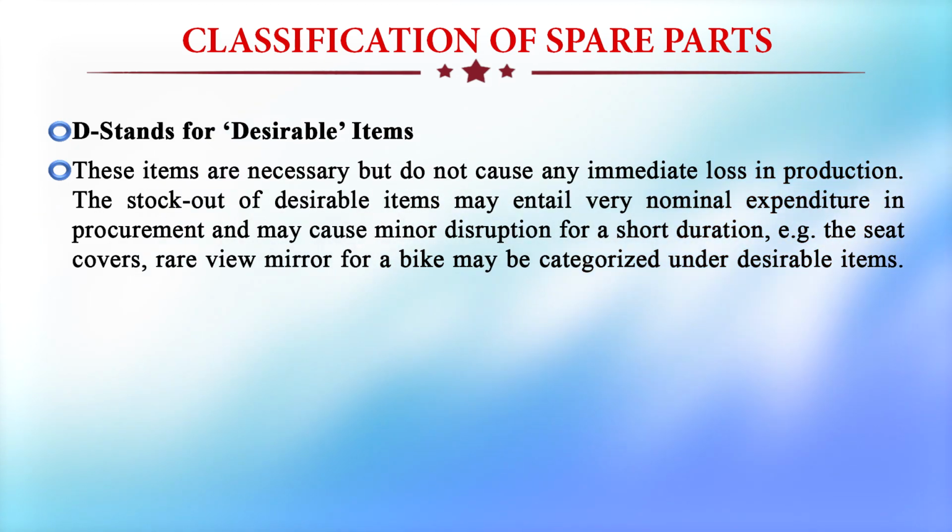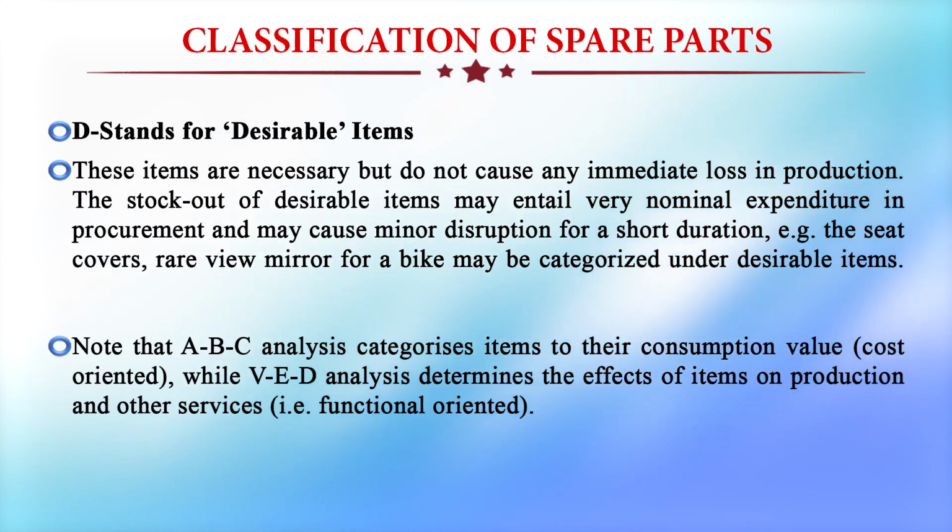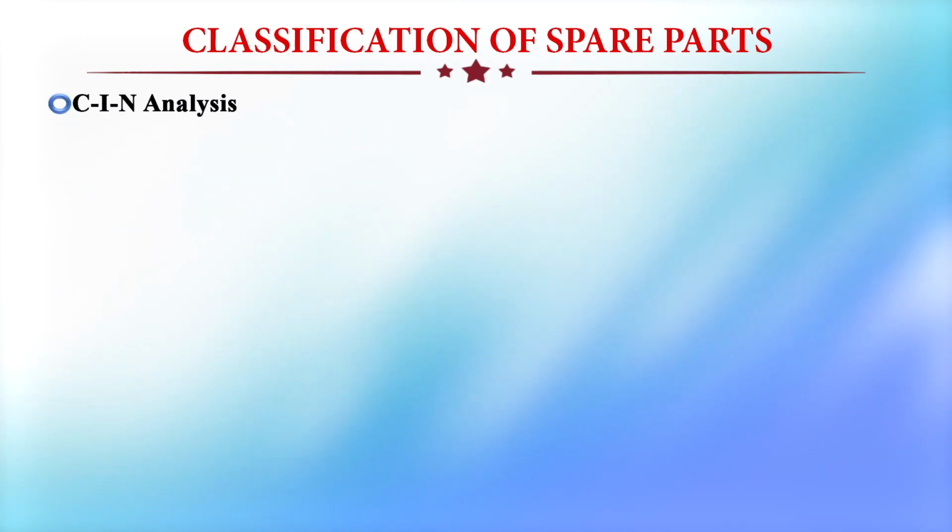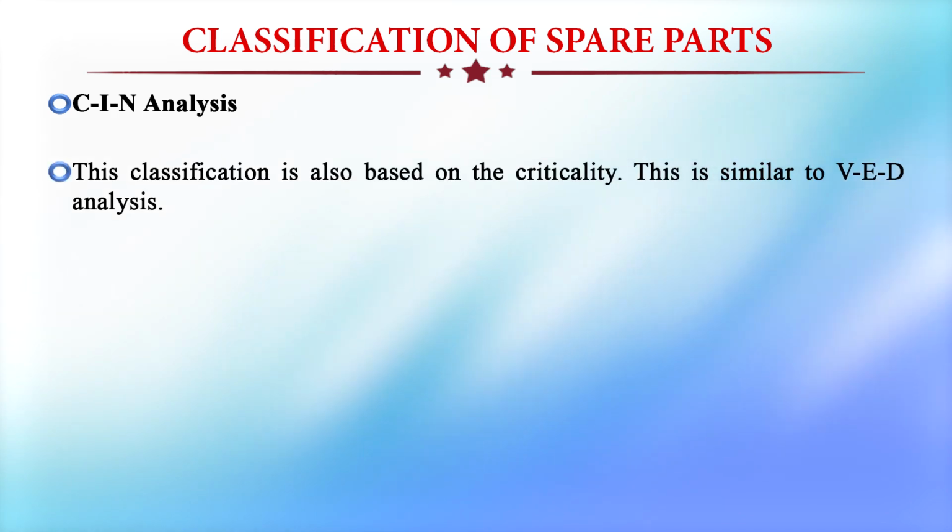For example, the seat covers and rear view mirrors for a bike may be categorized under desirable items. Note that ABC analysis categorizes items according to their consumption value, cost oriented, while VED analysis determines the effects of items on production and other services. And CIN analysis, this classification is also based on criticality.